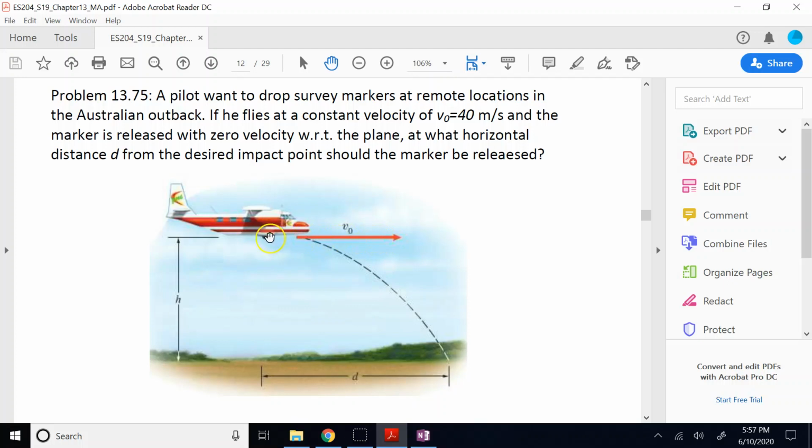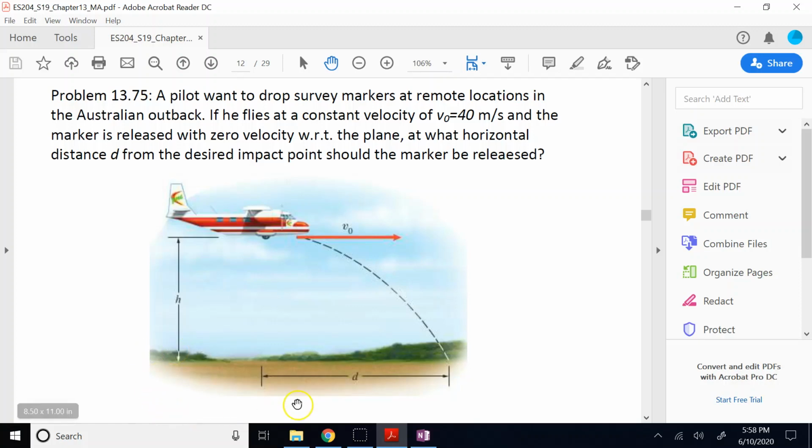So the launch velocity is v naught, but the launch angle theta is what? What is the initial angle? 0, right? Because it's horizontal. And we want to know how far in front of the airplane it would land if the airplane is flying at an altitude h.